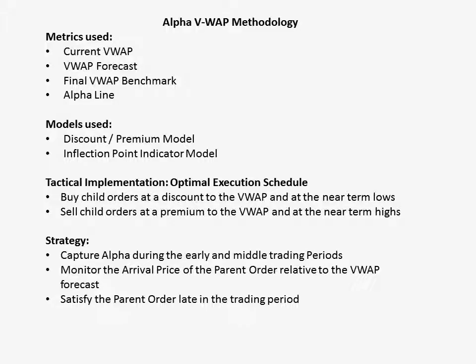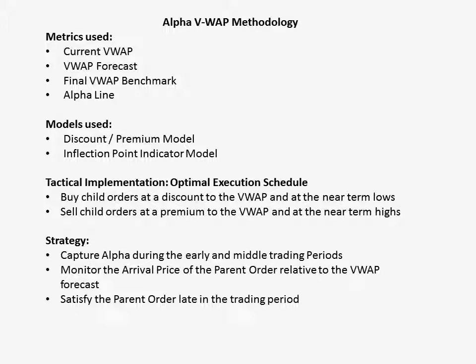And so to recap the alpha VWAP methodology, the four metrics that we use: the current VWAP, the VWAP forecast, the VWAP benchmark, and the alpha line. The tools that we use: the discount to premium model and the inflection point indicator to base the child order execution schedule on.